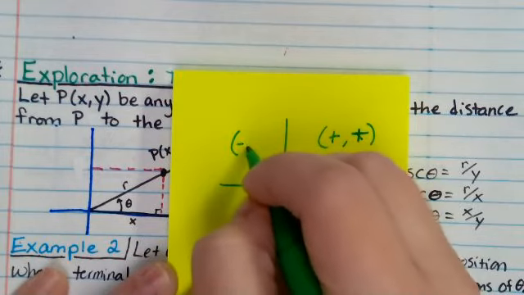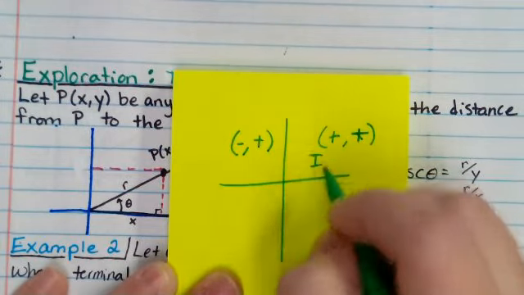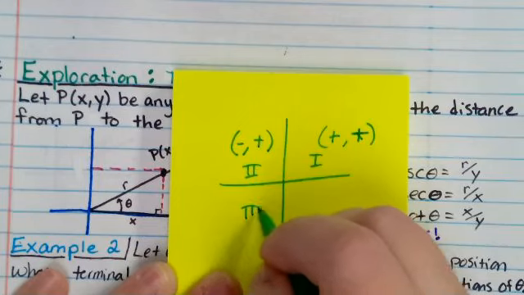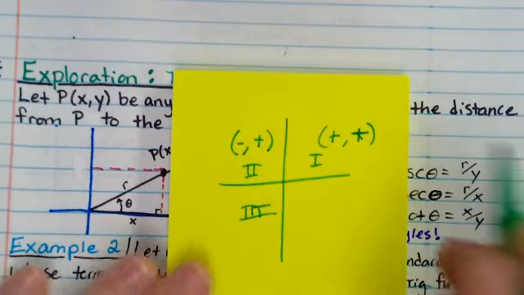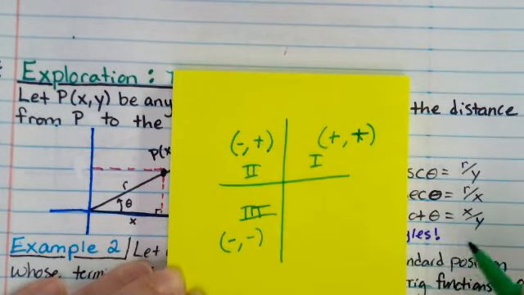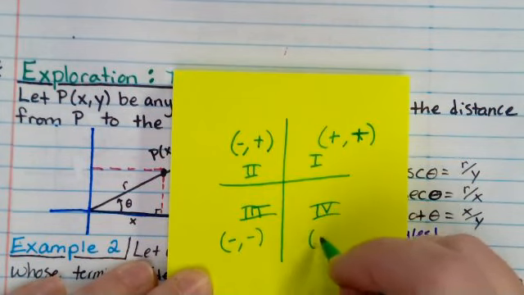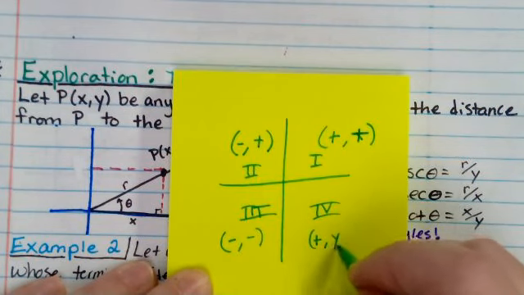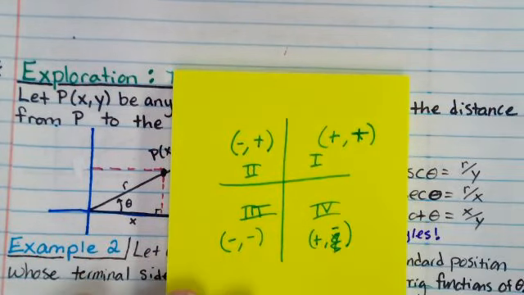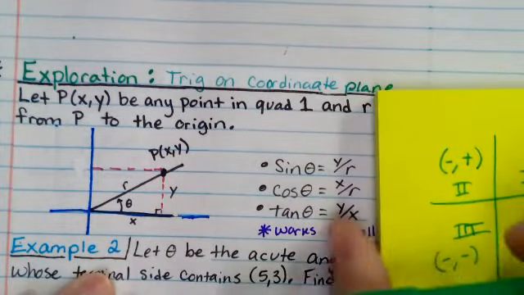Over here, my x is negative while my y is positive. So this is quadrant 1, quadrant 2, quadrant 3. In quadrant 3, my x is negative and my y is negative. And then in quadrant 4, my x's are positive and my y's are negative.